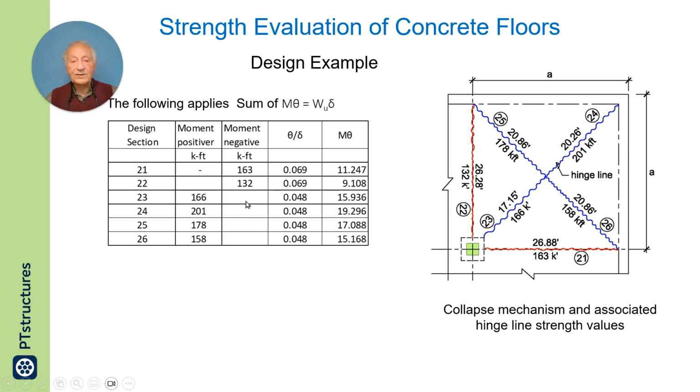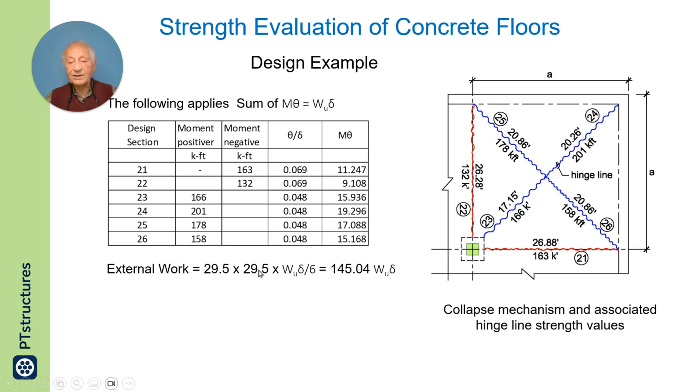And this shows the hinge lines, the moments either positive or negative, depending on which way the hinge rotates, and moment times rotation, and the sum of it gives the internal work. The external work is the total load.